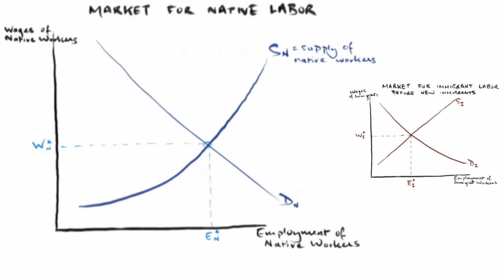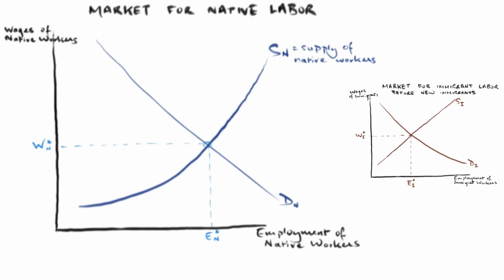Okay, so I'm going to think of native labor and immigrant labor as being related goods from the perspective of employers.